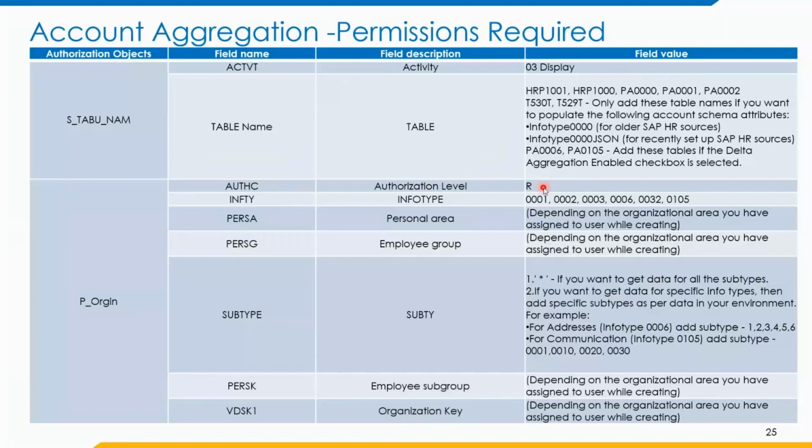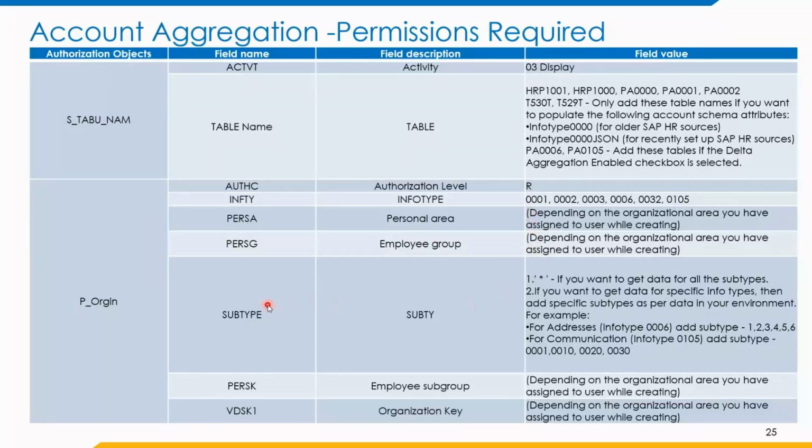When coming to aggregation, we are just reading the data from the SAP HR system to SailPoint IdentityNow, so it provides the read permission to these info types: 0001, 0002, 0003, 0006, 0032, 0105. These are the info types that SailPoint supports, that can be read from the SAP HR system to SailPoint.